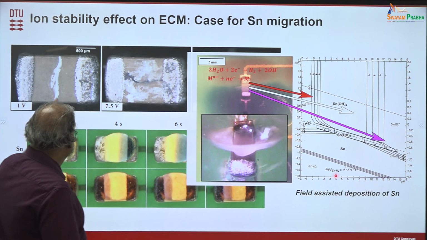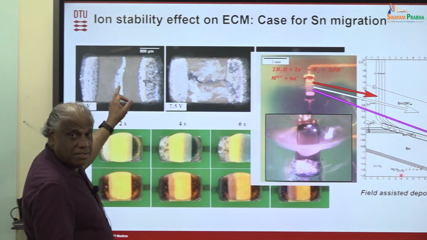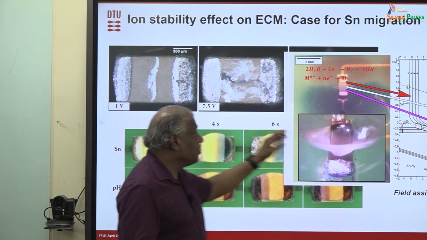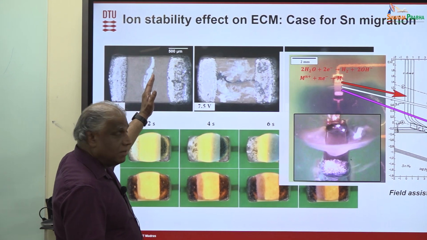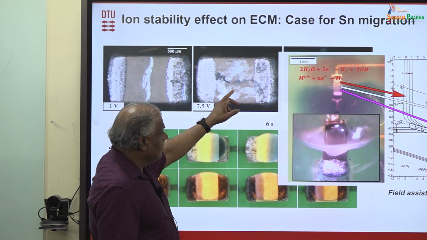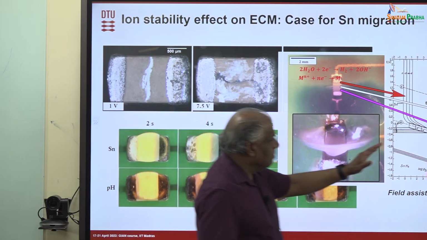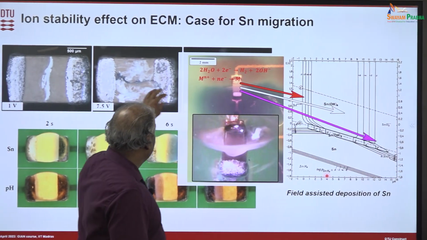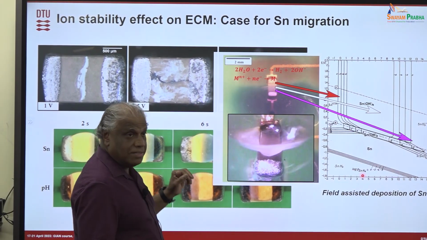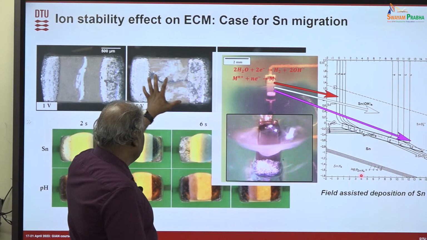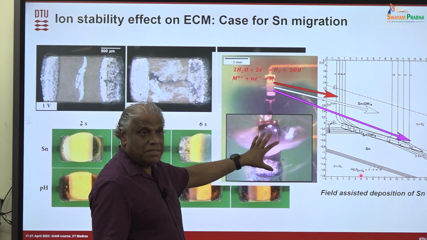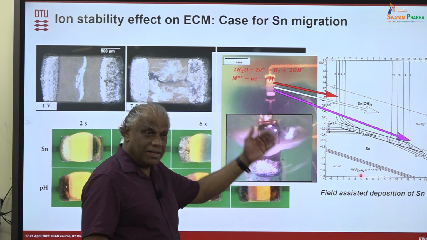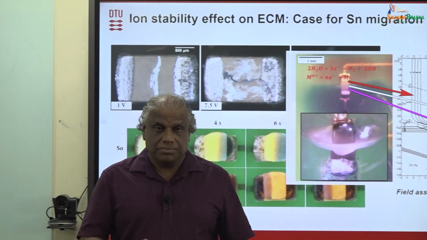Here, if you look at it, a sharp boundary like this is created. When we stop the experiment in between, it is somewhere between, shifting totally to here, because you can see a mixture of tin hydroxide and dendrite. So this sequence of events depends upon the stability, and that stability depends upon potential and bias and things like that.